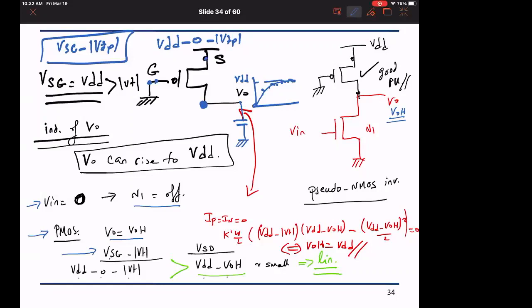VSD is VDD minus VOH. I don't know what VOH is, I'm solving for it, but it should be large. Therefore, the delta is small and the device is in the linear region. If I set IP equal to IN equal to 0 and put the current equation for the P in the linear region, it will automatically tell me that VOH equals VDD.